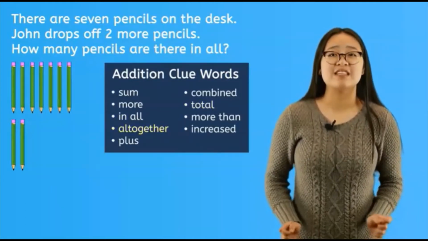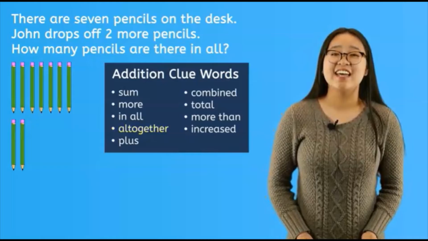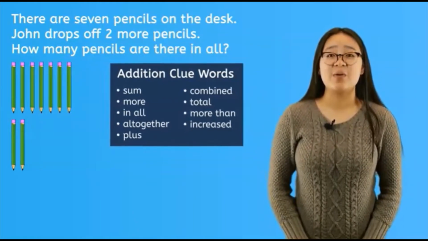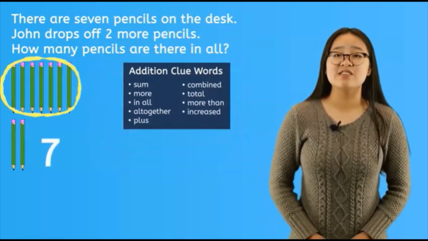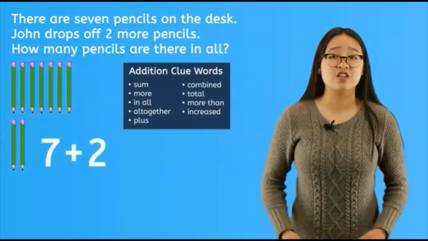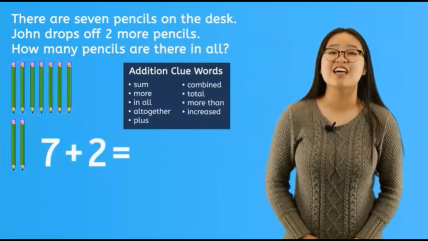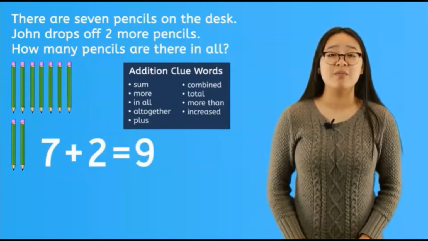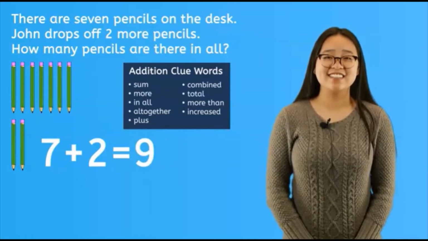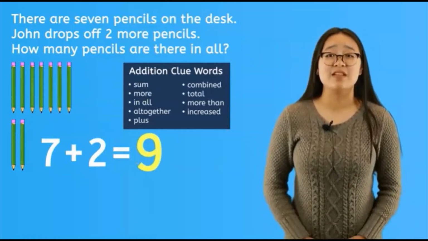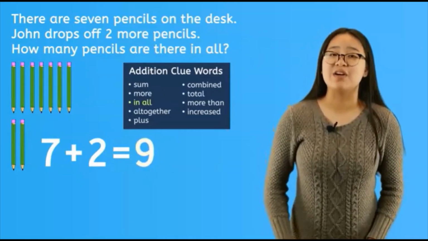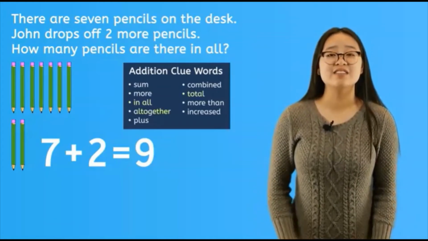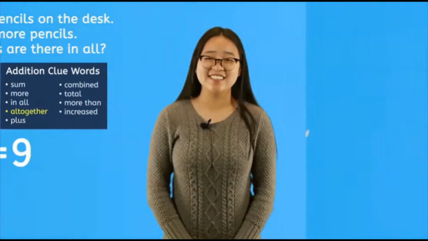All of these mean the same thing, and they all ask us to add. So, 7 pencils plus 2 more pencils that John dropped off equals 9 pencils. We've solved this problem by adding. The answer is 9 pencils in all, or 9 pencils in total, or 9 pencils all together.